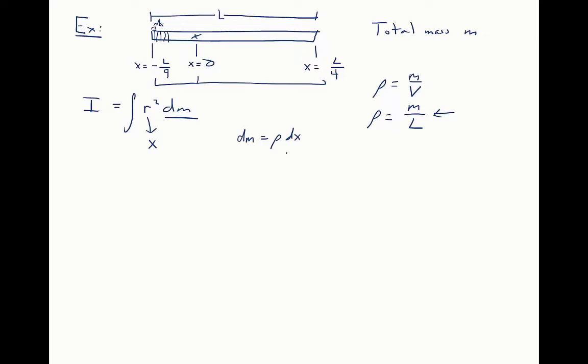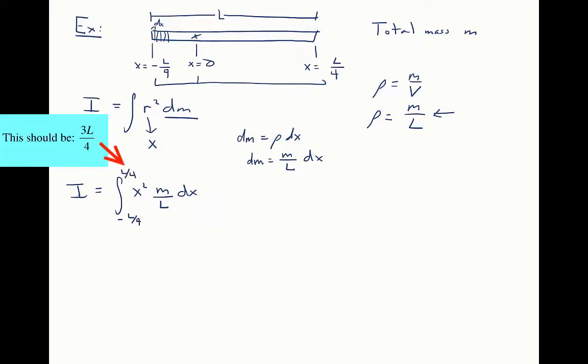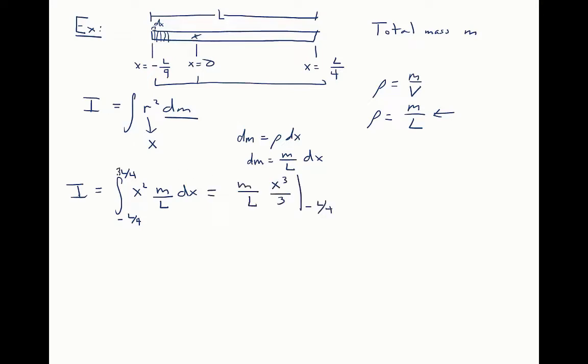So dm is rho dx, and we just calculate rho over here. So that's our dm, and we have x squared. Now our rod goes from minus L over 4 to L over 4. Okay, now we have an integral we can do. So we get x cubed over 3. Oops, it should be 3L over 4.